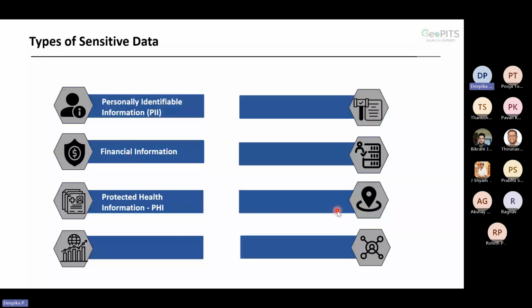Next, protected health information (PHI). This includes medical records of a person and their identifiers like moles, marks, health condition, treatment history. These things come under the protected health information category. The fourth one is trade secrets and intellectual property.